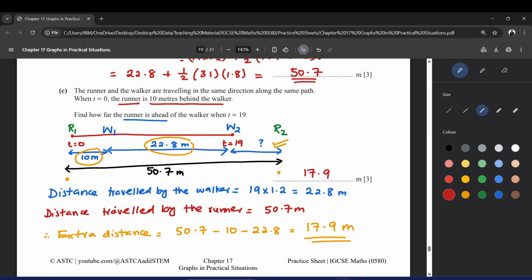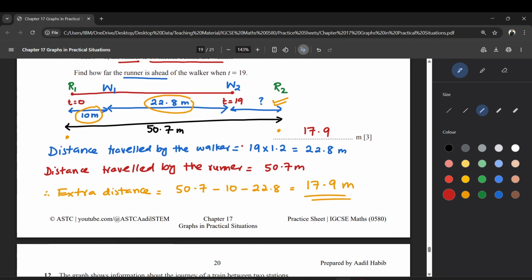Then the distance traveled by the runner is 50.7, between r1 and r2. Since you already know this is 10 meters, you can subtract 10 and 22.8 from 50.7 and get the answer to this question. So this one was a bit of a tricky question.